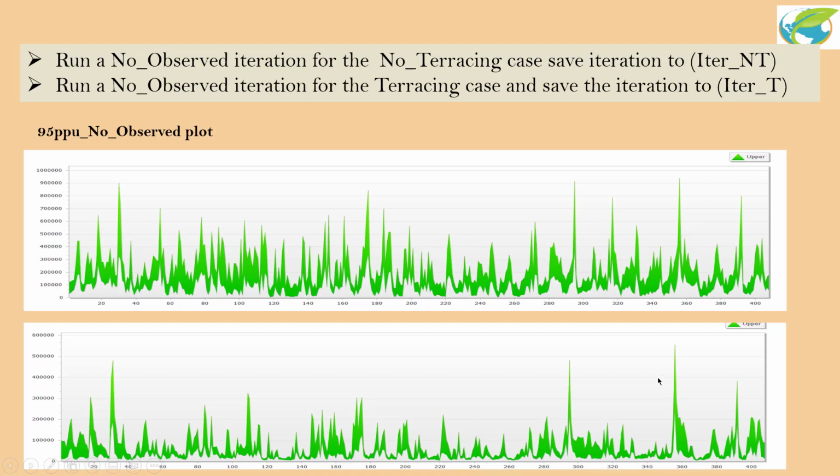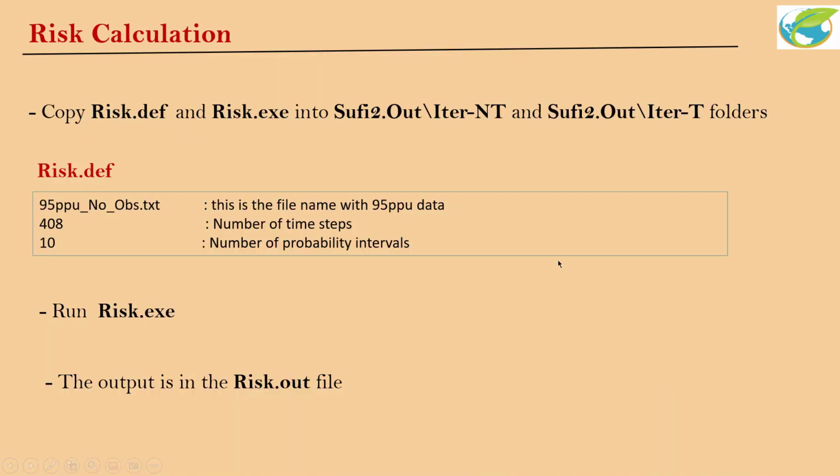And this is how they look like in our case. The next thing you have to do, as we mentioned before, is to copy the risk def and the risk exe file into sufi2.out iter no terracing and sufi2.out iter terracing in these two iteration folders.